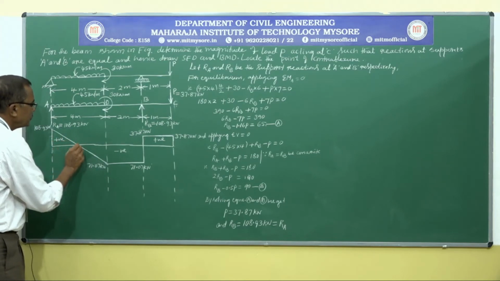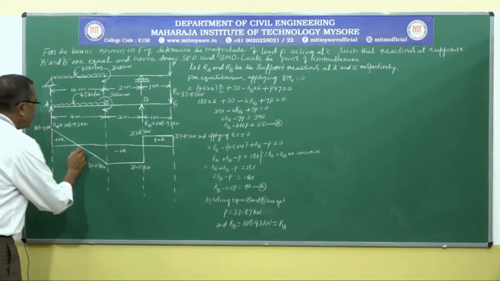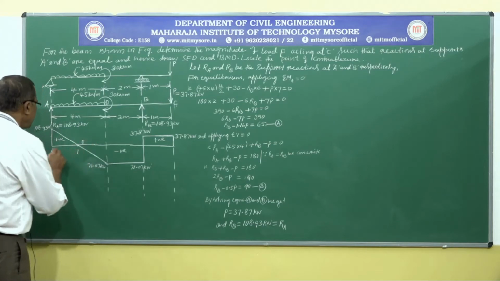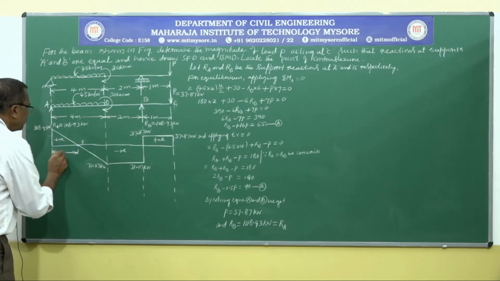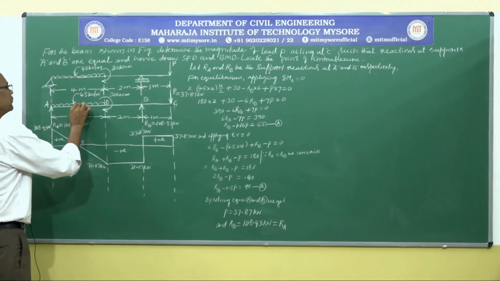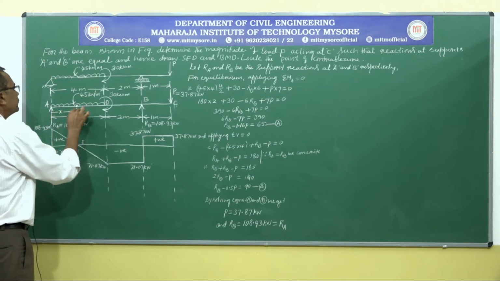You can see here the shear force diagram changed its sign from positive to negative at an unknown point. Let us call this point E. Let E act at a distance of x from the left support. Produce the point E to meet the loading diagram. Mark this x also in the loading diagram.